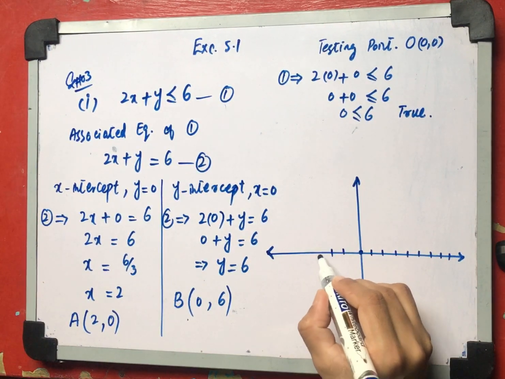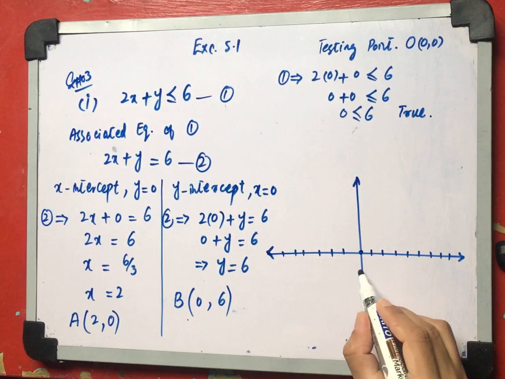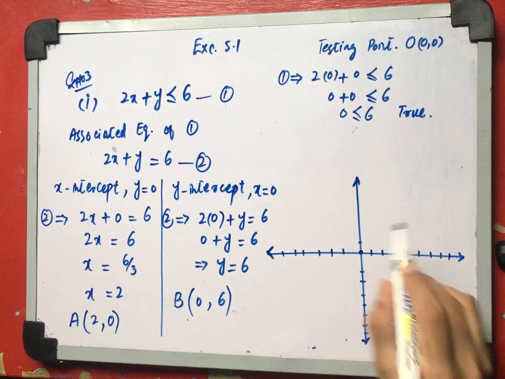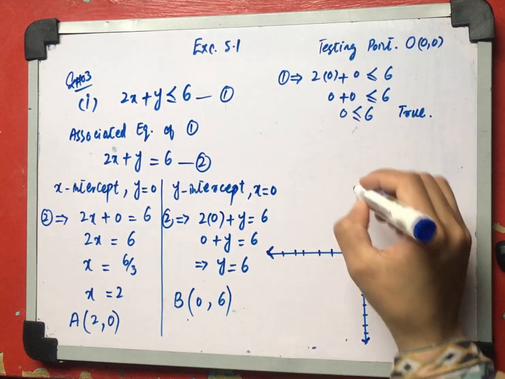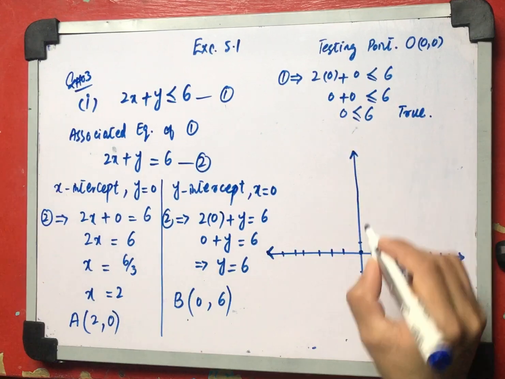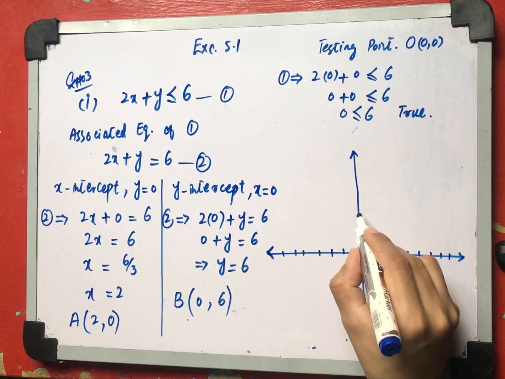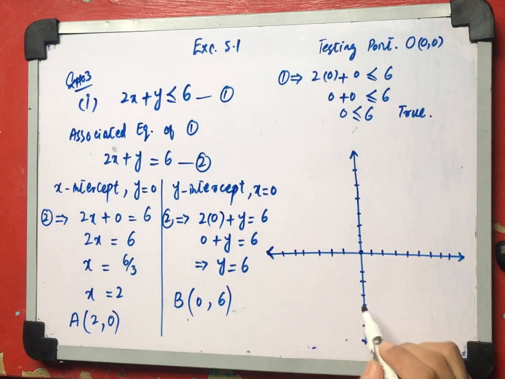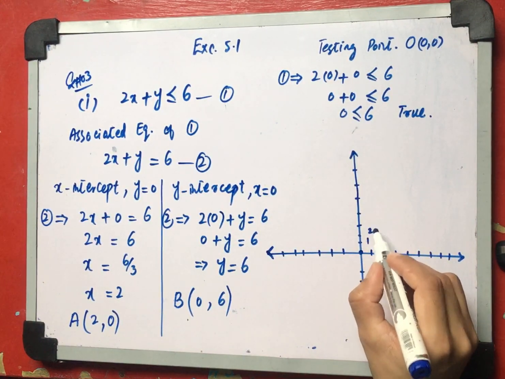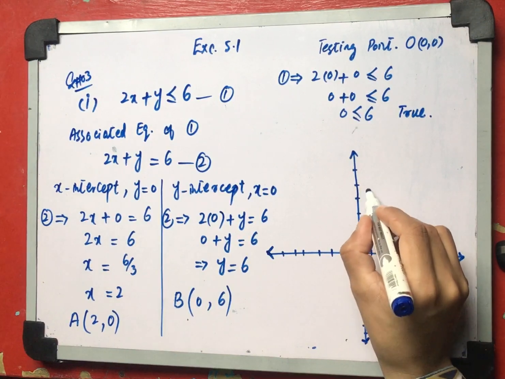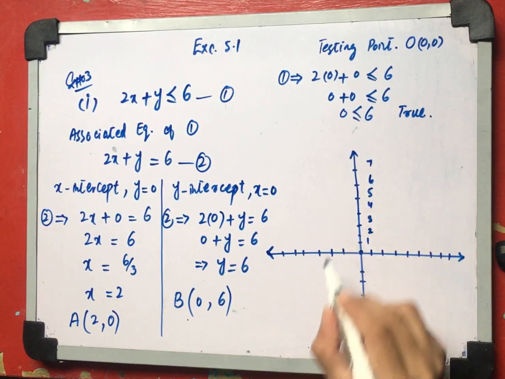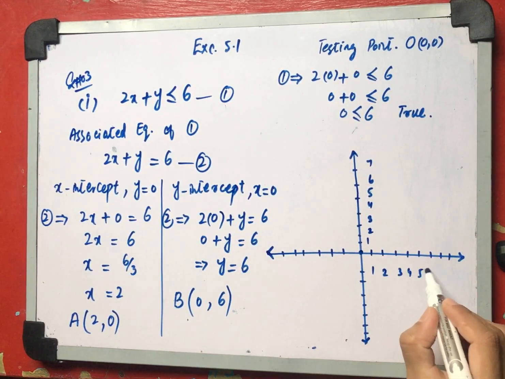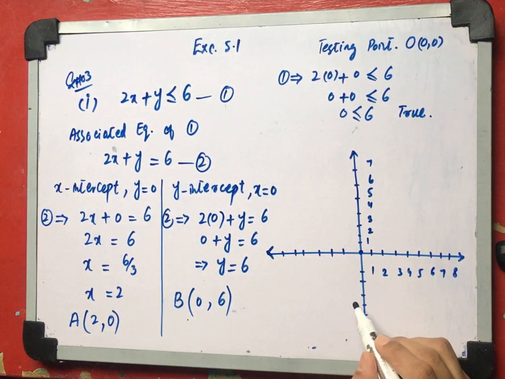Here negative integers: minus 1, minus 2, minus 3, minus 4, minus 5, minus 6, and I'm going to take here the values of y, that is 1, 2, 3, 4, 5, 6, 7 and 8.